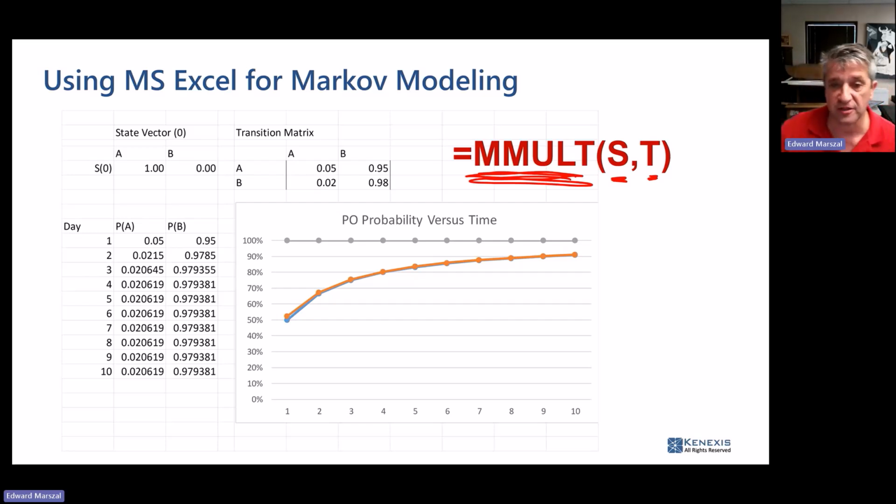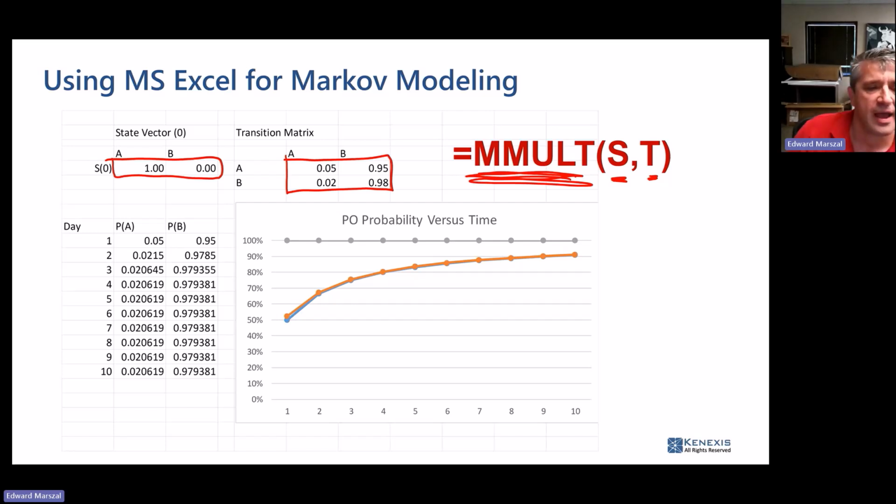So when I shoved our post office problem into Excel, I gave it a state vector here, I gave it a transition matrix here, and then when I did the formulas, I simply did the calculation of state vector 0 against the transition matrix to get this number, which is exactly the same as we got when we did things by hand.